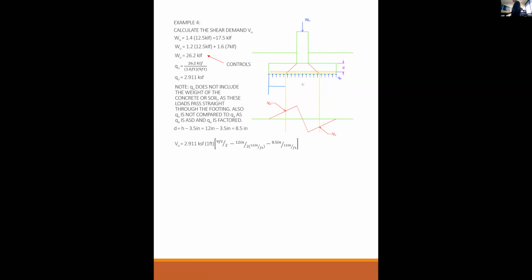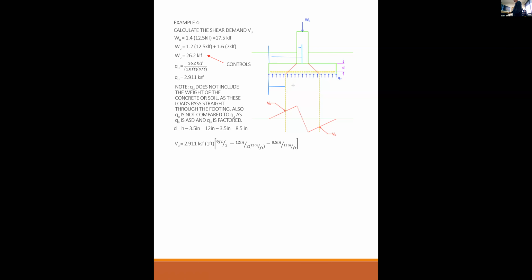How do I get this distance? Well, I take half of the width of the footing there. That's 9 feet over 2. So that's half of the footing. I minus out half of the wall. So there's 12 over 2. I take that out.